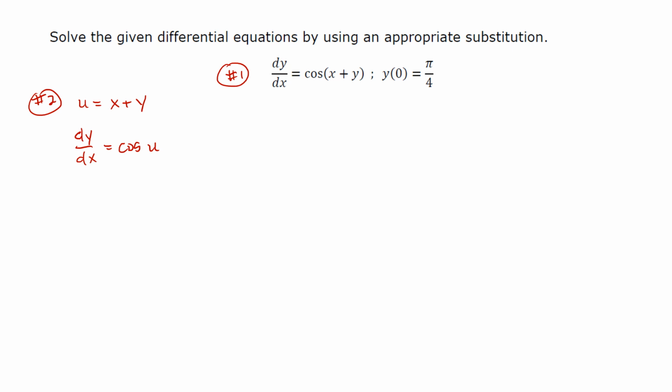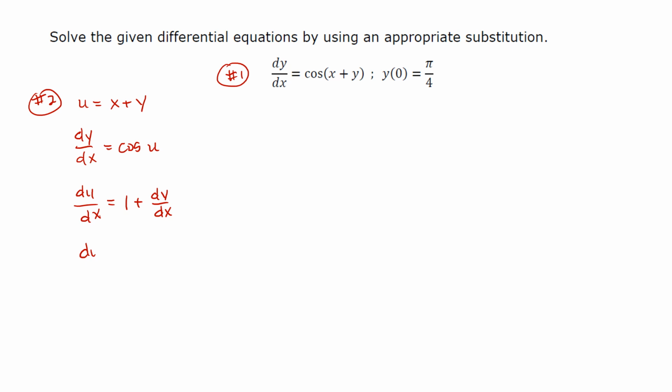If I differentiate both sides of my u equation, I'll have du dx equals 1 plus dy dx. So I differentiated both sides with respect to x. Now I can substitute in my dy dx into this differentiation.